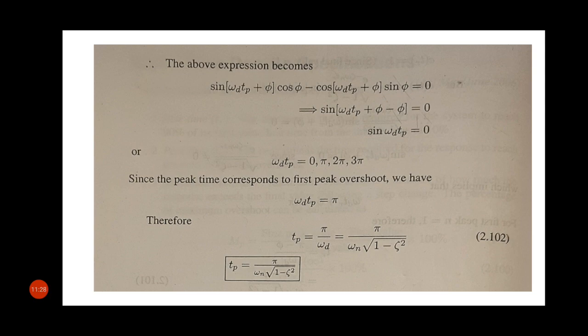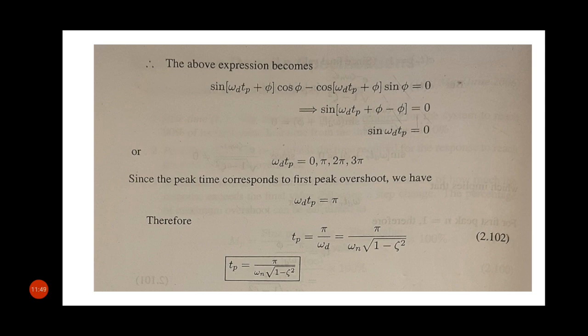From this equation we can write sin(omega d Tp plus phi minus phi) equal to 0. After simplifying this equation, we get omega d Tp equal to 0, pi, 2 pi, 3 pi.